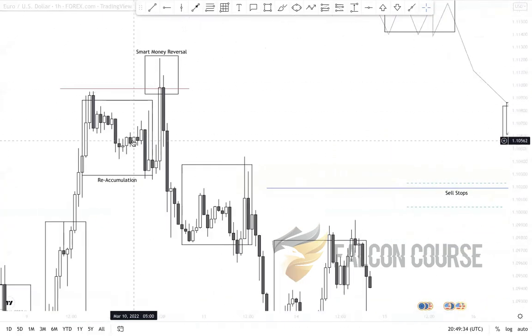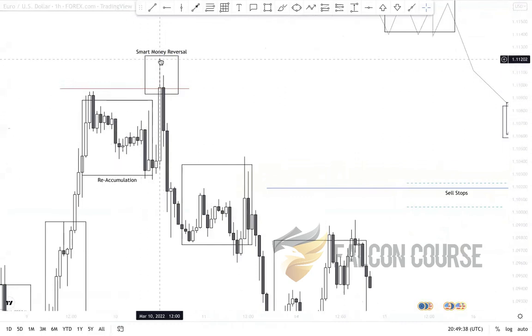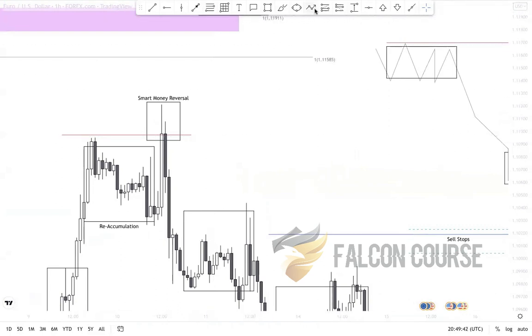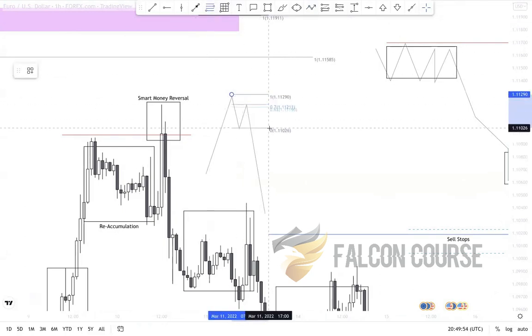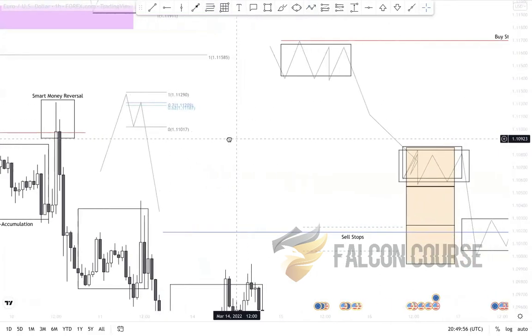In this example, we actually had standard deviations in the market. And here on the lower time frame, we had this confirmation. This is what the market offered on the lower time frame: the no break of structure entry right there.